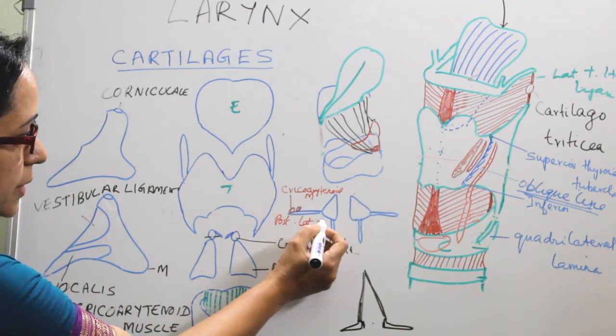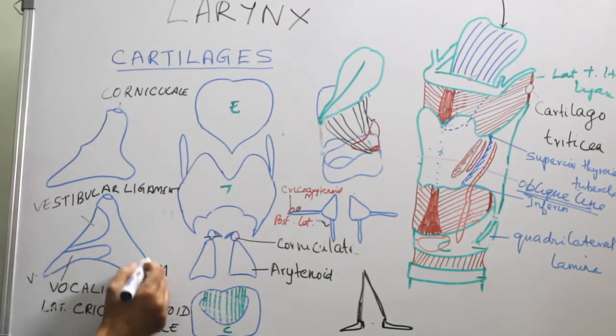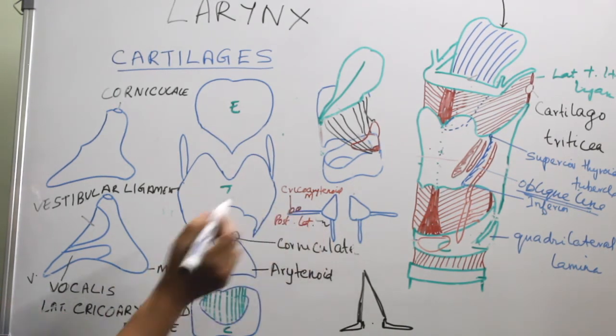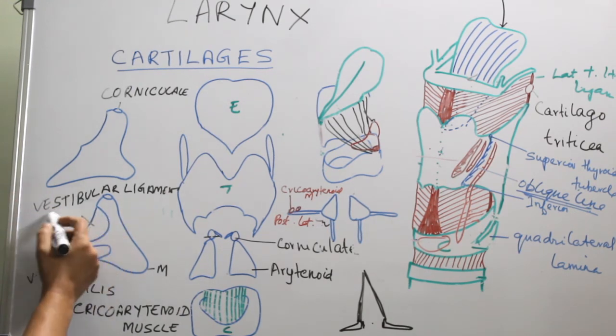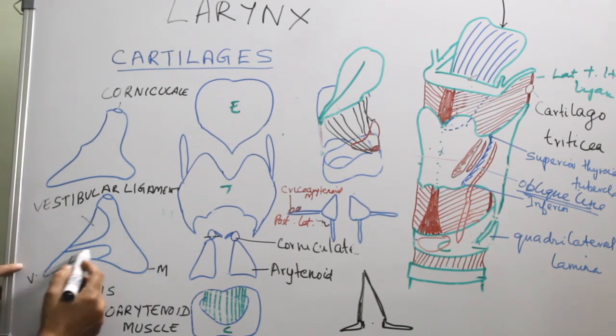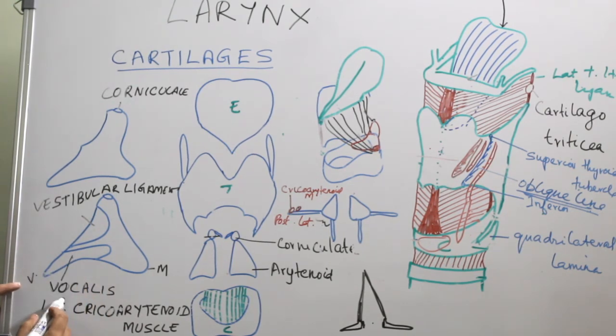And in between this area is the anterolateral surface. It has two depressions. One is for attachment of the vestibular ligament, and the lower depression is for the attachment of the vocalis muscle and also the lateral cricoarytenoid muscle.